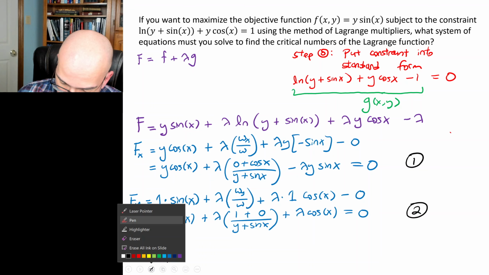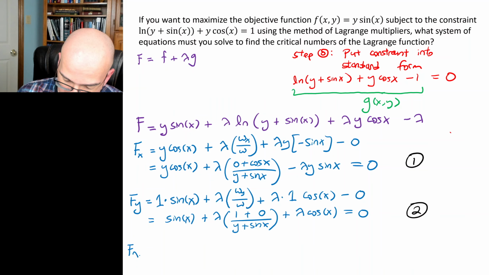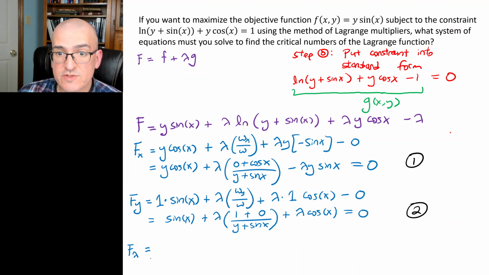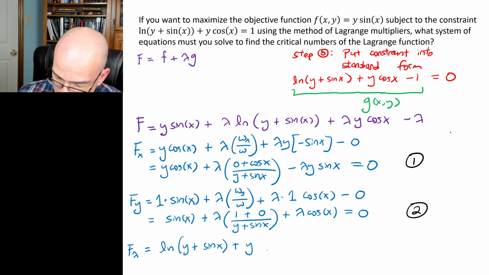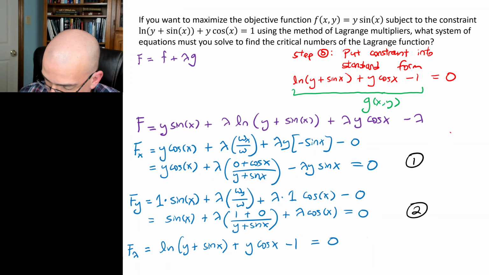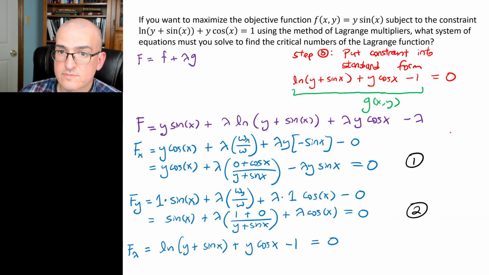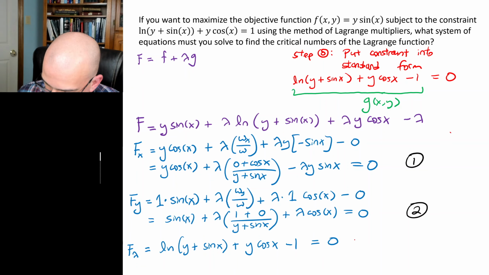And our third equation that we can get for free, f sub lambda, is always just the constraint. So our ln of y plus the sine of x plus y times the cosine of x minus 1 equals 0. So that's our third equation.